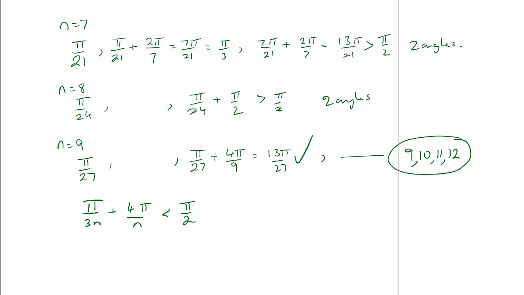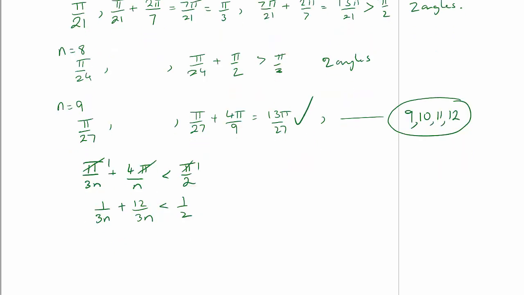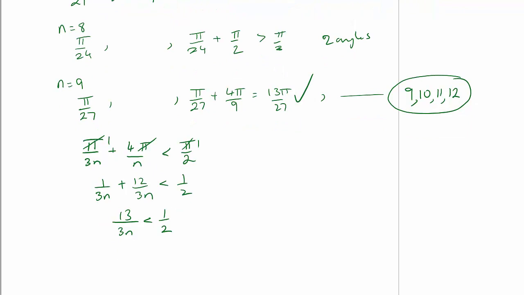So we can cancel pi's right the way through here. So that gives us 1 over 3n plus 4 over n, which is 12 over 3n, is less than a half. So 13 over 3n is less than a half, which means that we need 3n to be greater than 26, and therefore n is greater than 9 because n must be an integer.